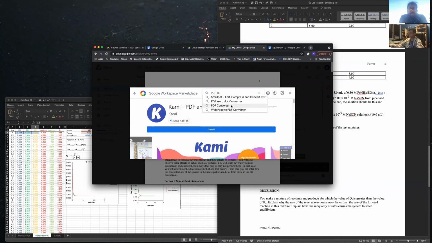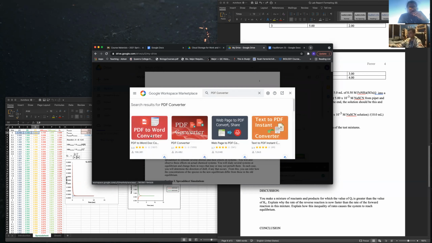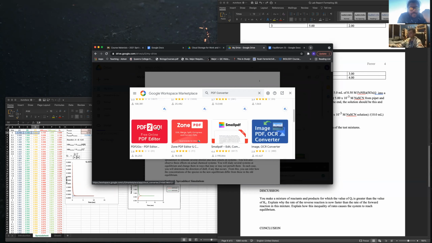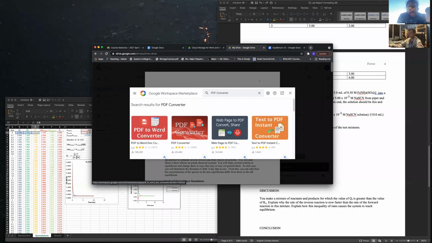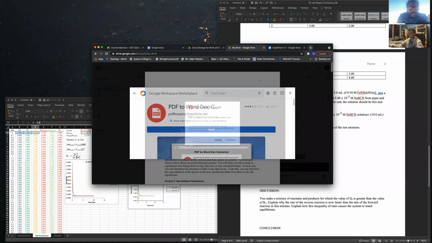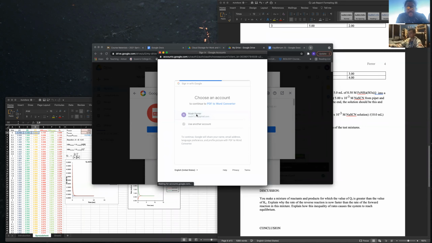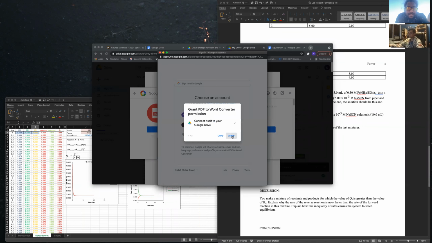Maybe there's a couple of those. You can try them. PDF to Word converter, I guess. Yeah, there's going to be a couple of them that will try to do it. You'll probably still see some imperfection in the formatting of it.